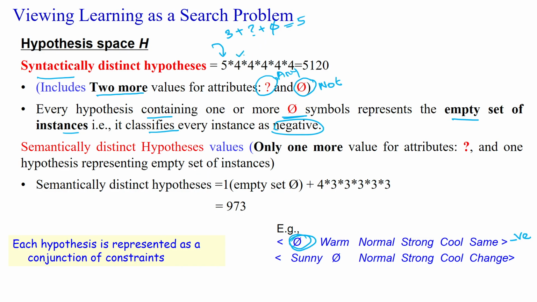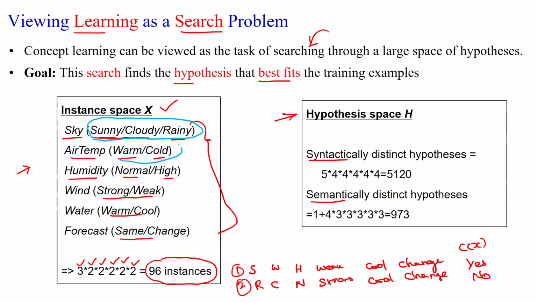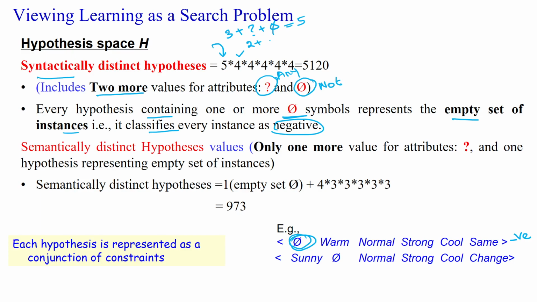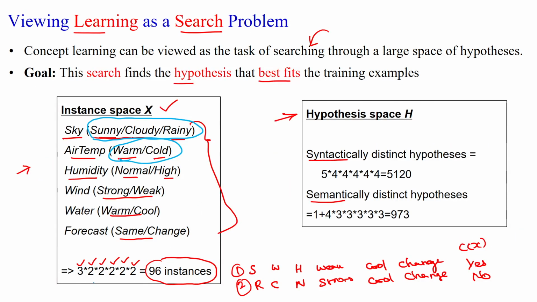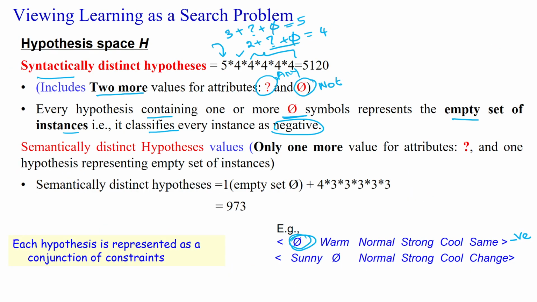Then for temperature we already have two attribute values, warm and cold, plus the question symbol plus null, so we have four different attribute values. Like that for the remaining attributes also, we have two attribute values already, plus these two more, we will get four. So with this combination there is the possibility of 5120 hypotheses based upon the syntactically distinct hypothesis.